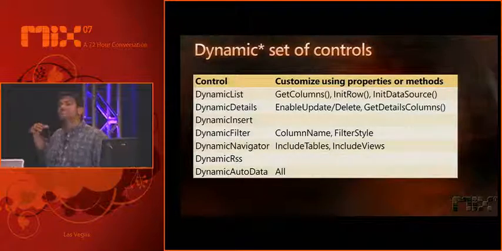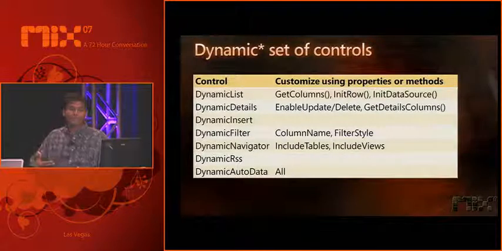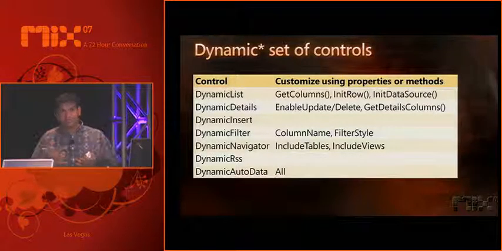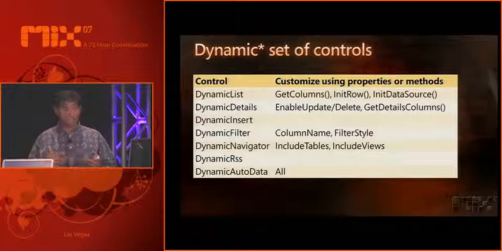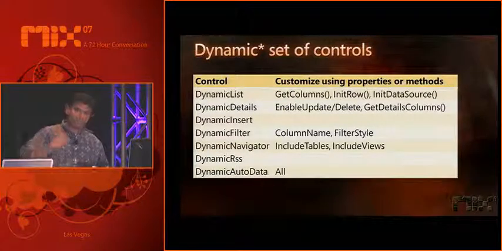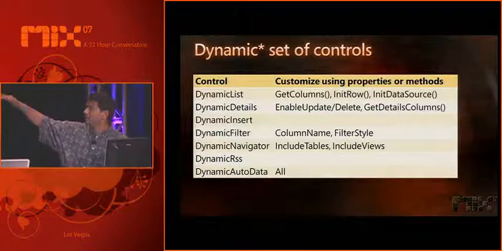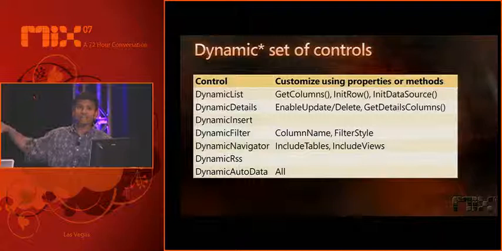And dynamic RSS is that ability to do RSS feeds. And Autodata uses heuristics as the full enchilada that allows you to get as much of the web app as richly as possible, as you've seen earlier. So that's basically the full set of controls that we're providing in this CTP.